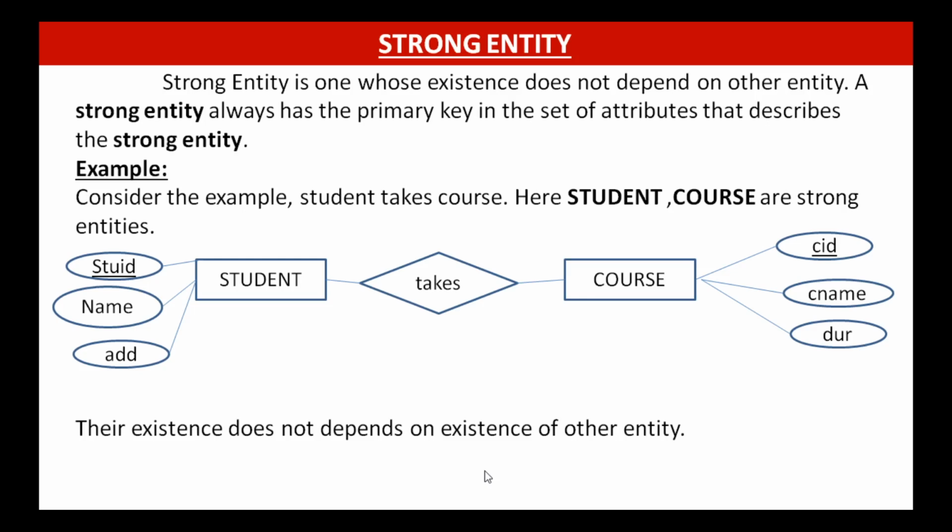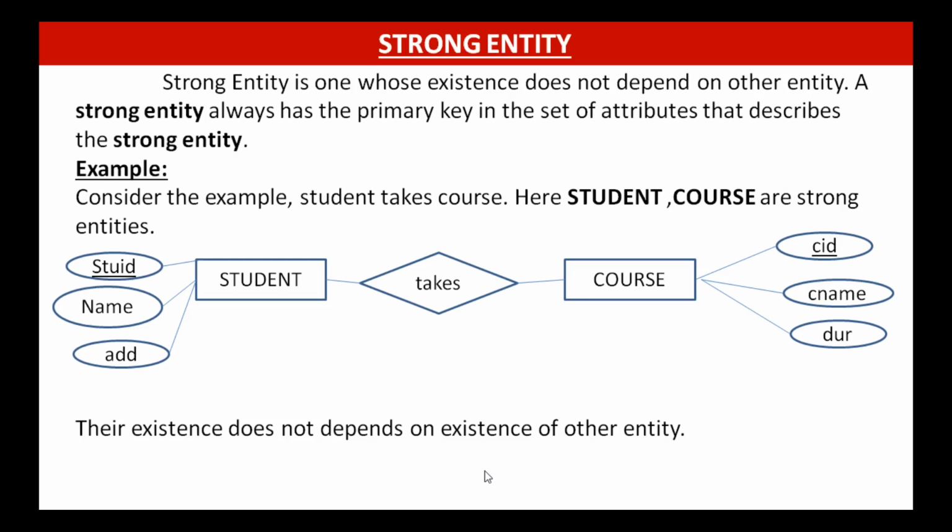Let's consider an example. Here we are taking the example of the student and the course. The student takes a course. In this example, the student and course are both strong entities.